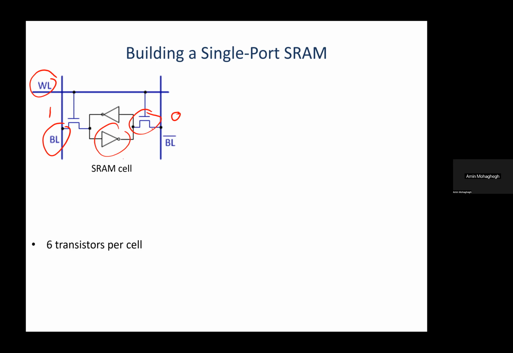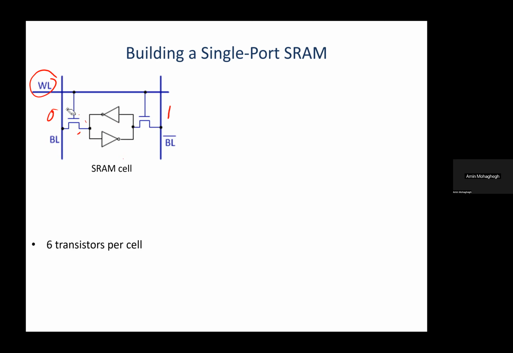This will be pulled low. Once that goes low, the latch will go to a stable state. If I wanted to write the opposite, I just put the opposite pattern on, a 0 and a 1, and it's the pull down again that wins. This 0 will go through this access transistor and overpower the pull up here. So that's how it works.